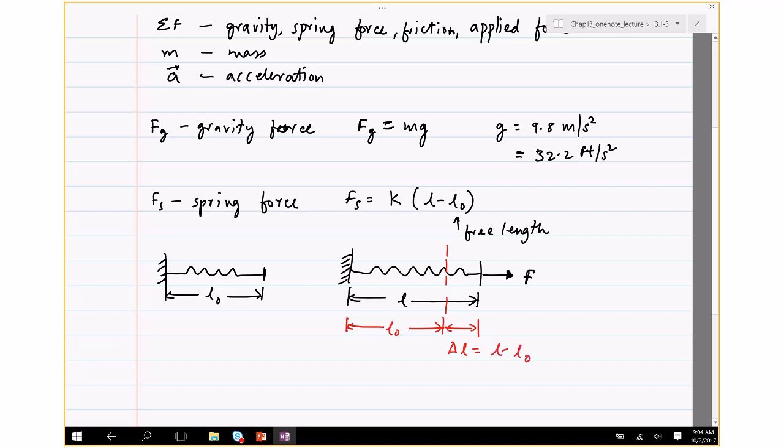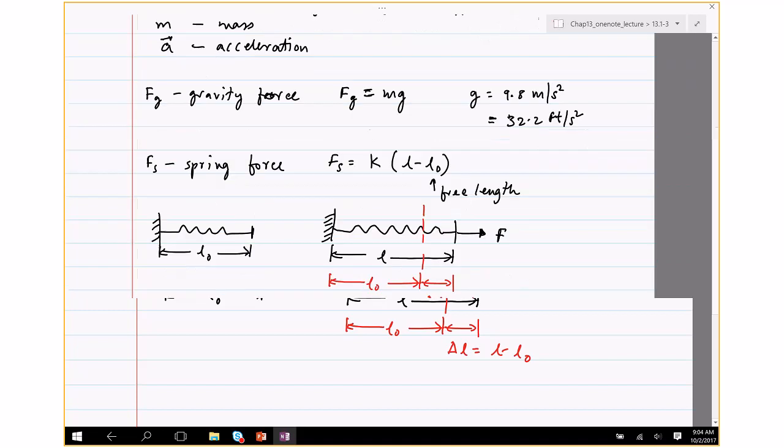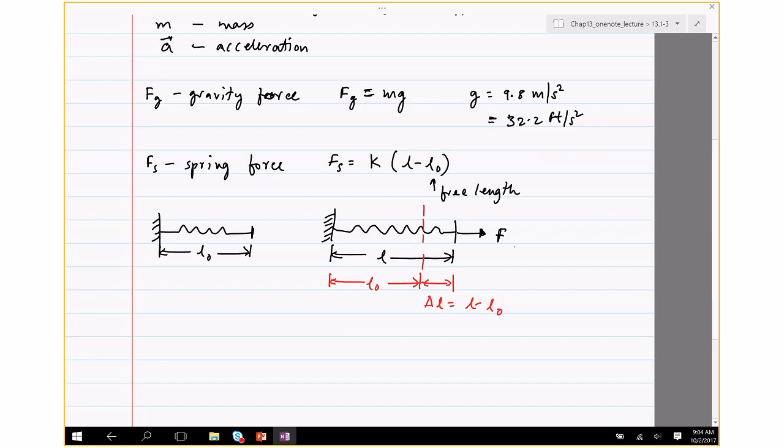Okay, the last thing, by the way, this force always points in a direction which gets the spring back to its original length, right? So the force k times L minus L0 is always in this direction. Or in other words, it tries to take the spring and get it back to its original length L0.